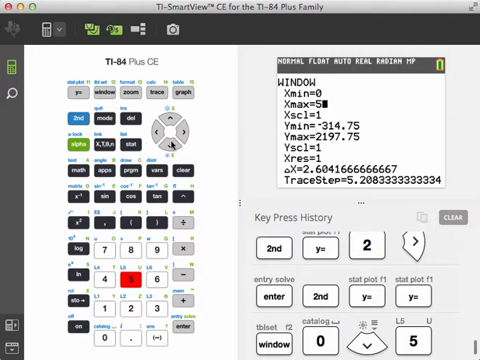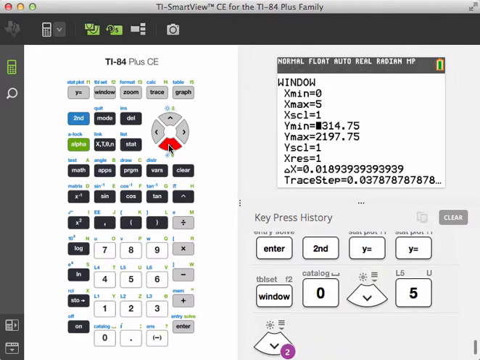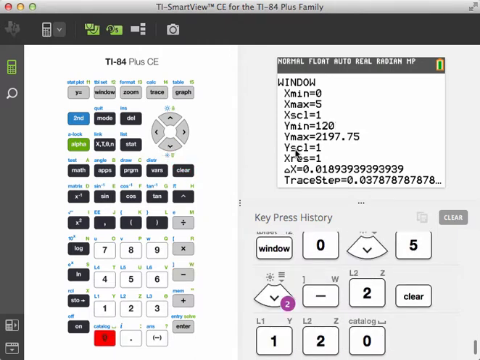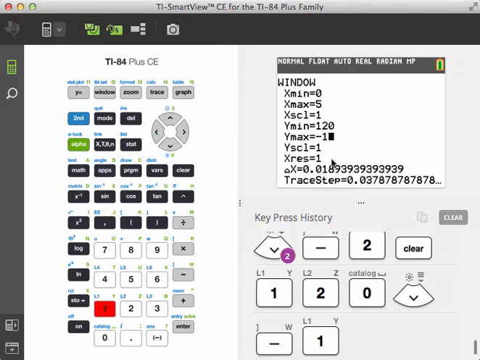So let's make it a little bit lower so we can actually see it. So let's make it maybe minus 120. And the y max was 0 at the top of the cliff. Let's make that a little higher and make that positive 10.